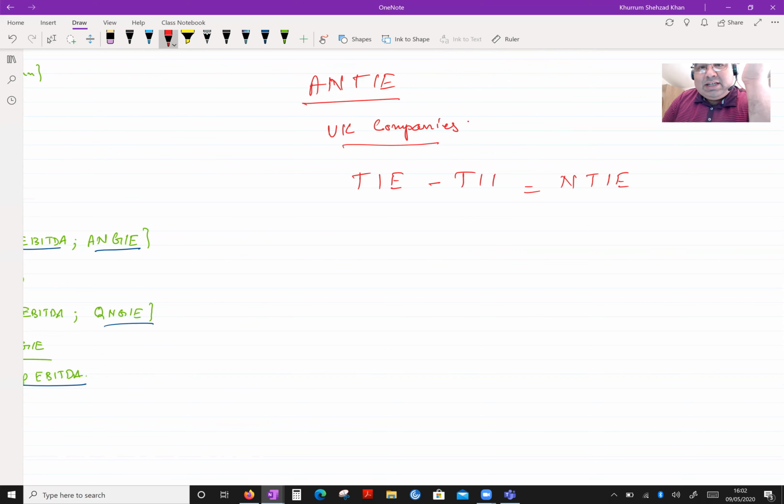So all the interest expense of each UK company, you put it here, take out all of its interest income, put it here, and that will give you the net tax interest expense of each company. Say, for example, company 1, company 2, company 3, company 4, only UK resident companies. You take the figures and put them here.